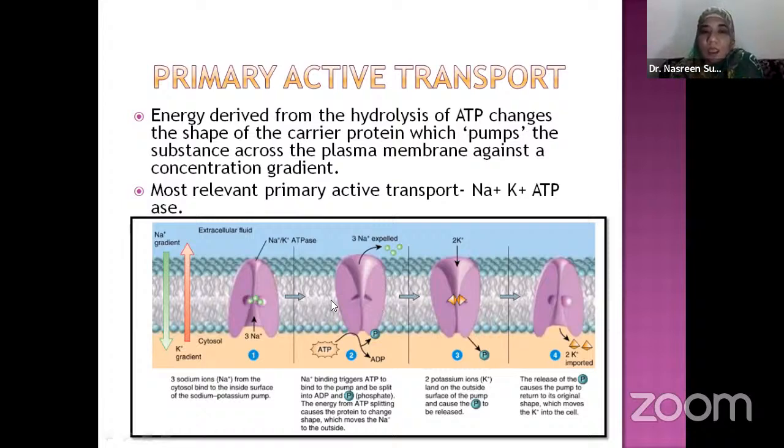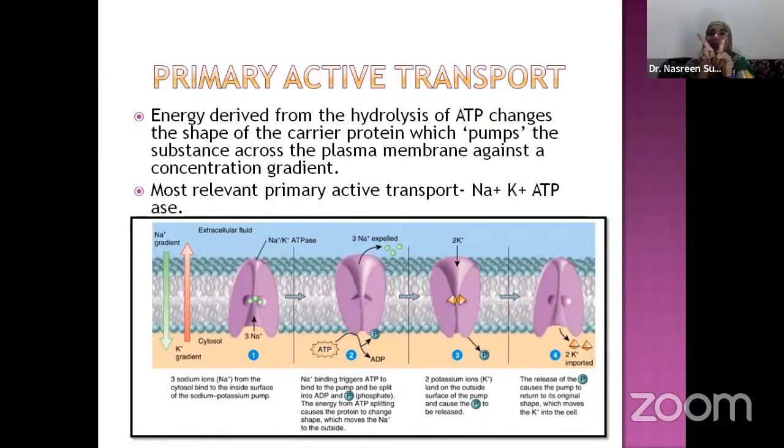Now as soon as the sodium binds to the channel, it changes its shape because it is a protein. Whenever there is any change, it will change its own structure. It was like this, now it will become like this.